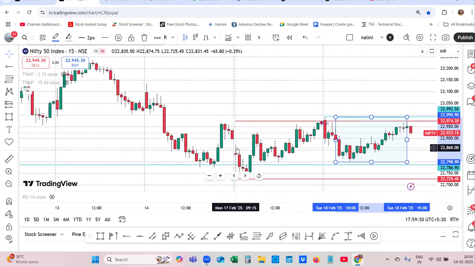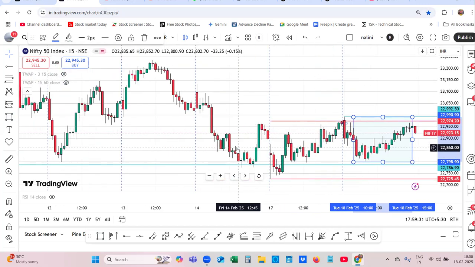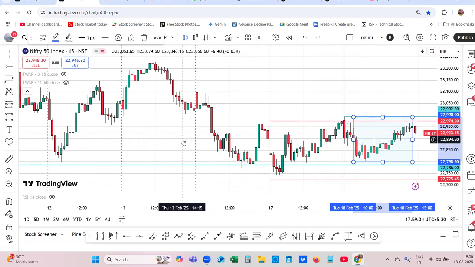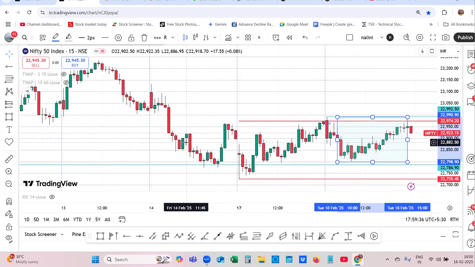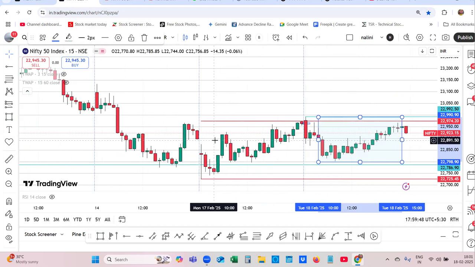It is highly profitable in the index Nifty. You can trade with that. You can also try it with Bank Nifty. This is a very tested strategy you can utilize. Even a newbie can make profits by utilizing this strategy.